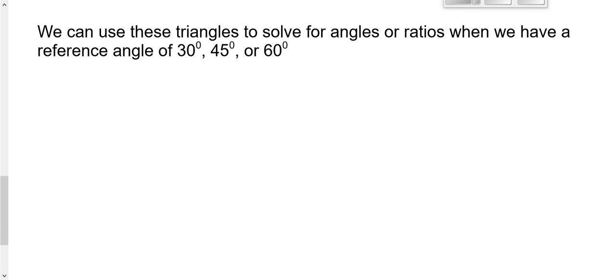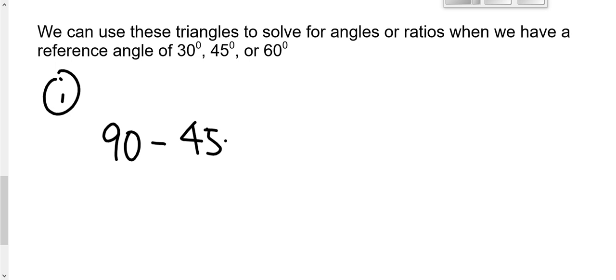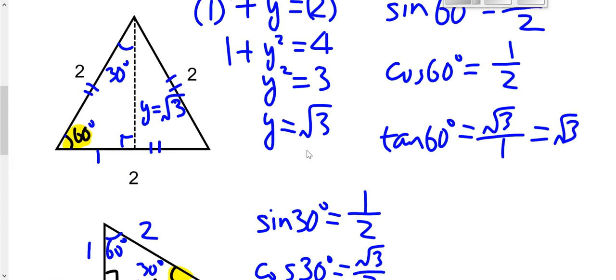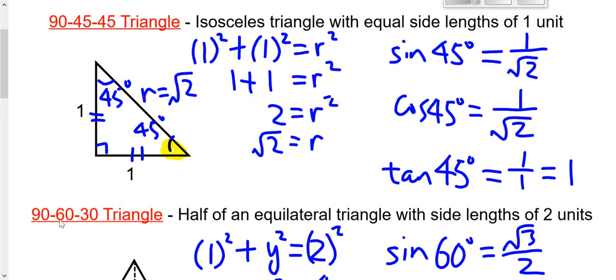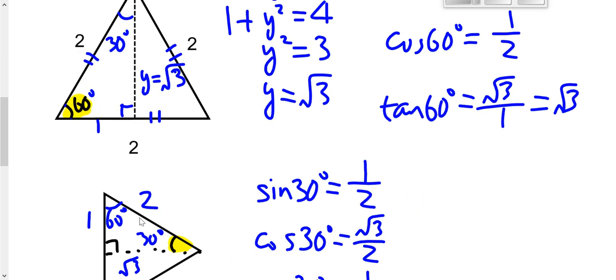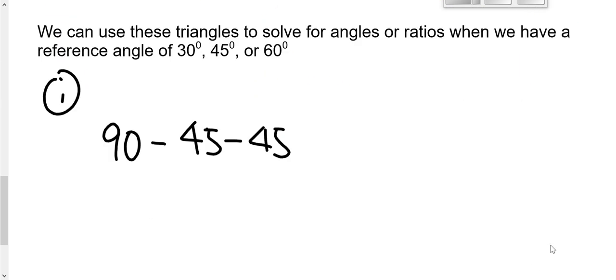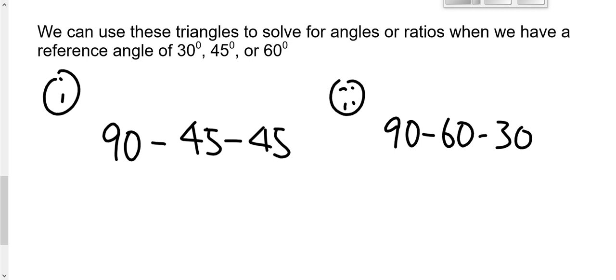So let's set it up this way. We have two scenarios. First scenario, when we have 90 degrees, 45 degrees, and 45 degrees. And the second scenario is 90, 60, 30. So these are the angles.